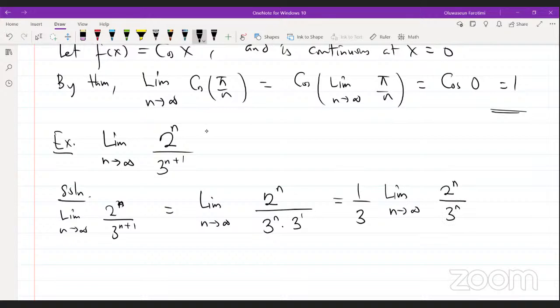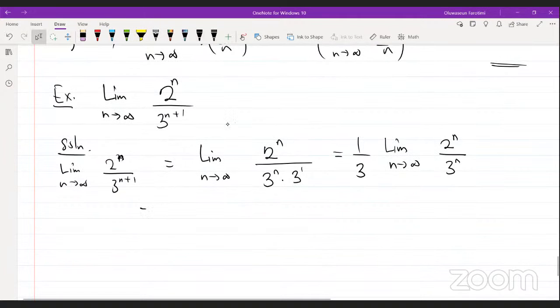What do I know, guys? They have the same power. So I can still do some kind of algebra. This is 1/3 times the limit as n goes large of (2/3) to the power of n. Now think about this.